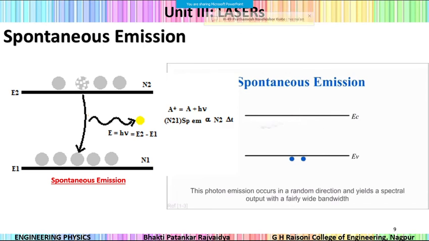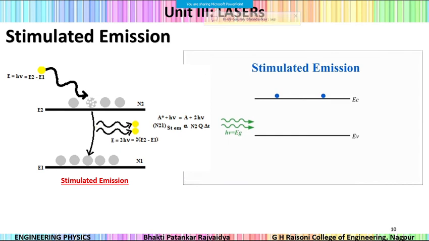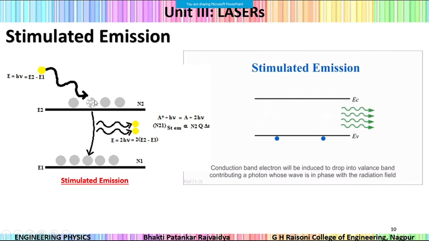Yes, okay. So the next process we are going to see is stimulated emission. Now what is stimulated emission? When the atoms are in the excited state, a photon is thrown upon the atom in the excited state. Now what will happen? This atom will become more unstable. It is already unstable.